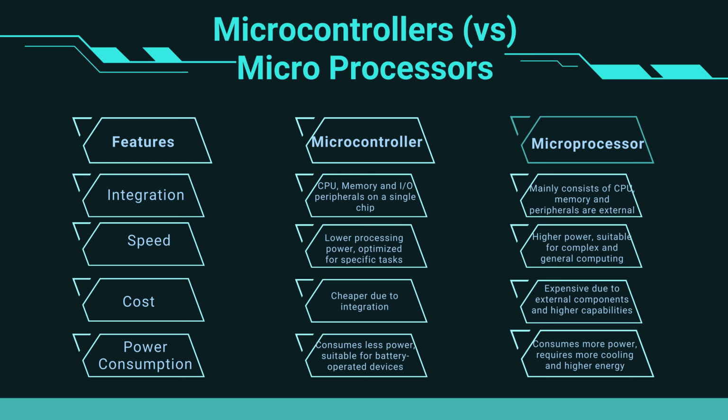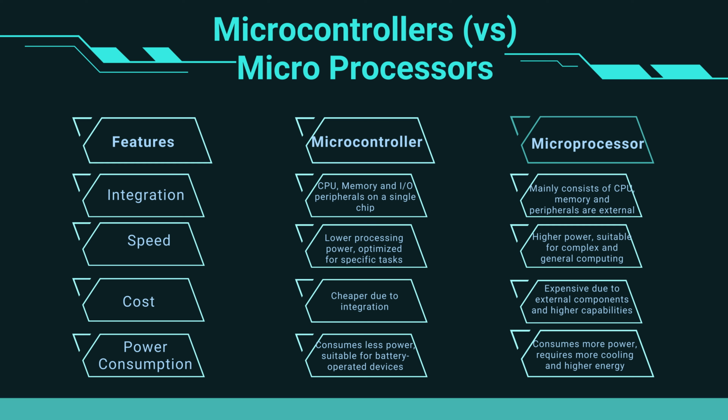Microcontrollers also have a lower processing power because they're optimized for specific tasks, whereas microprocessors have a higher processing power as they are suited for more complex and general computing. Microcontrollers generally are cheaper due to the integration and lower complexity, but microprocessors are more expensive due to external components and higher capabilities.